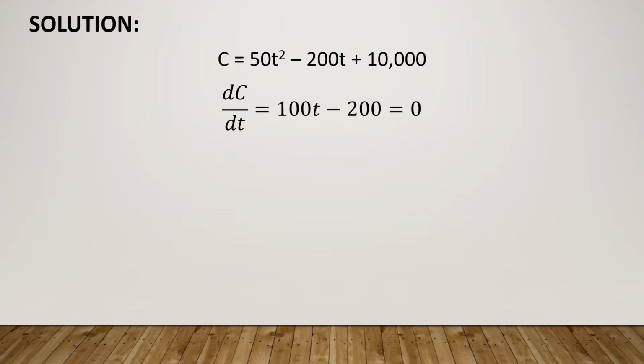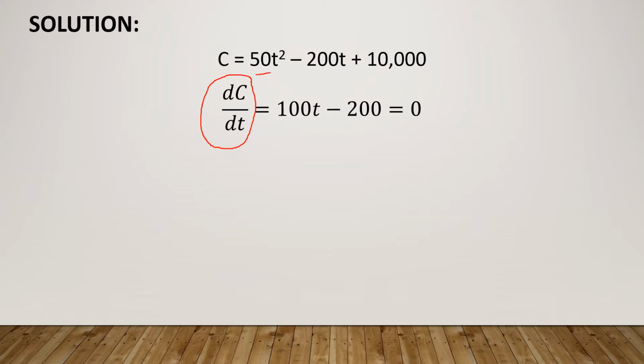So the derivative of c with respect to t, since there's a given cost equation here, which is your c, that will be equal to a value with respect to your t. In getting the derivative of the given cost equation, we just simply take the derivative first of your c, which is your dc over dt. So that will be the derivative of c with respect to t.